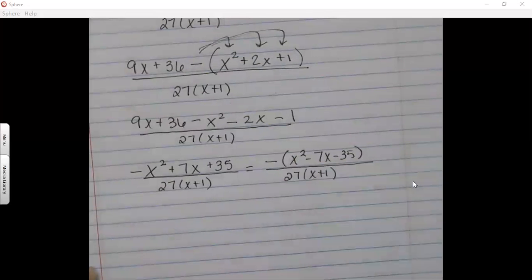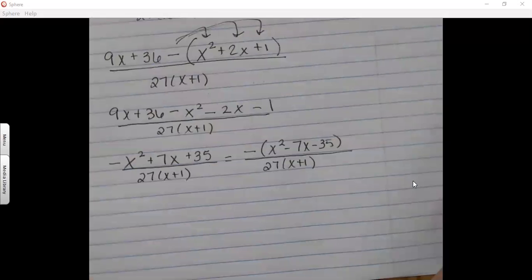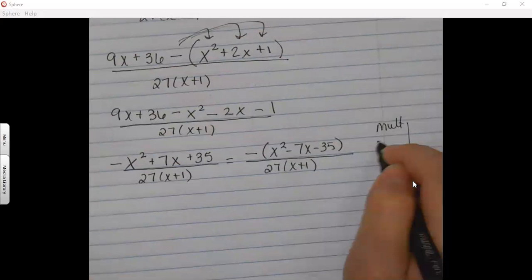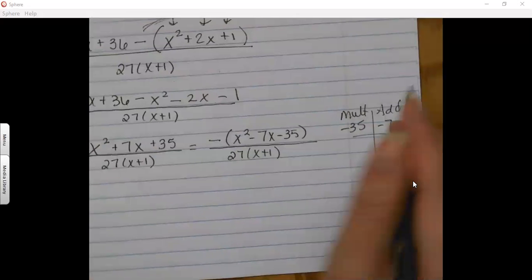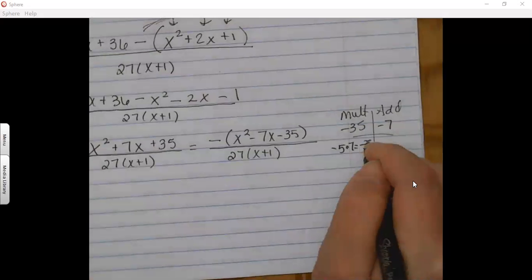In that numerator, there's a quadratic. I would need two numbers that multiply together to give me negative 35 and add to get negative 7. Well, I know, let's see, negative 5 times 7 is negative 35, but negative 5 plus 7 is 2.